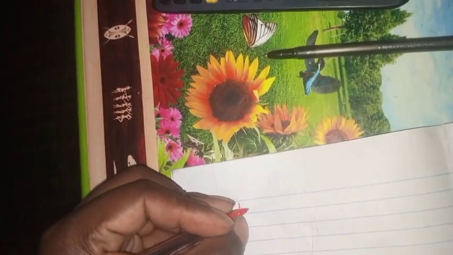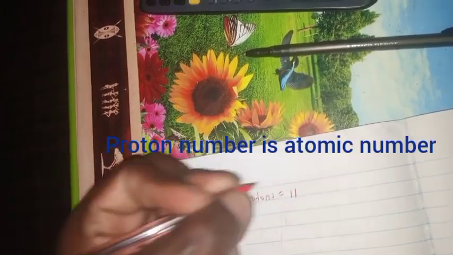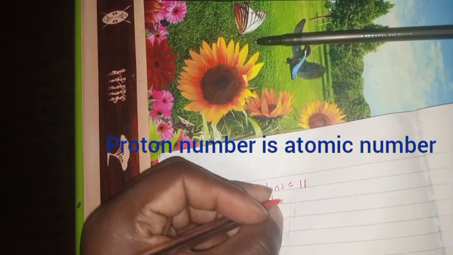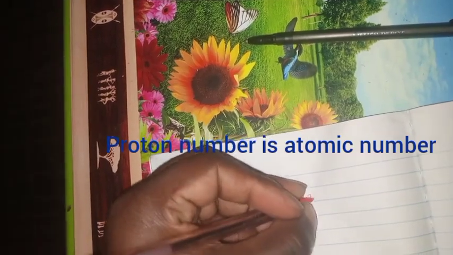Now there is a way we can represent this data. Let's say we talk of sodium. Sodium has 11 protons and 12 neutrons.